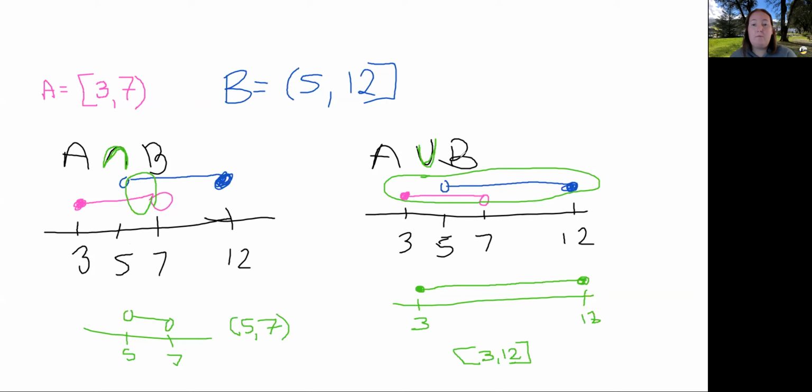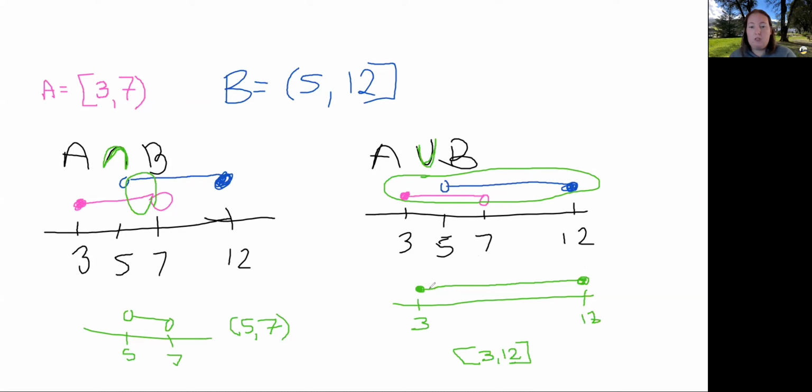For A union B, you're trying to unite the two sets. You're merging them together. So if I dropped the set B down here, I would see the pink starting here, including 3, and it would keep going, and this would be dropped down here all the way to 12, including 12. If I merge them together, every single point from 3 to 12 inclusive would be part of the merging of the two, the union of the two.